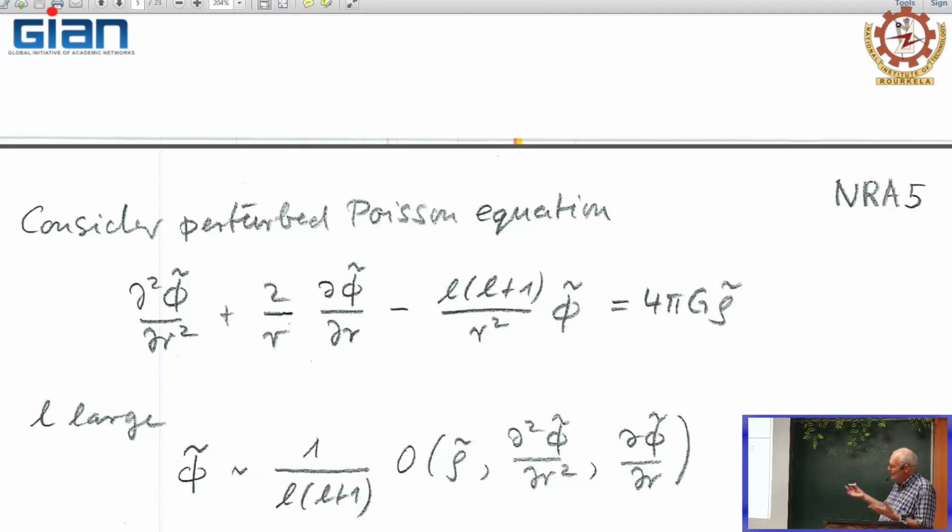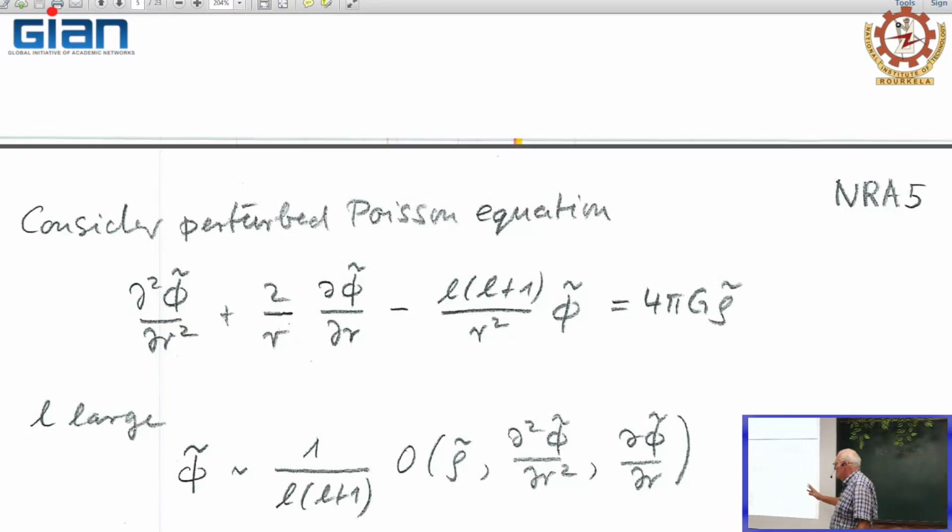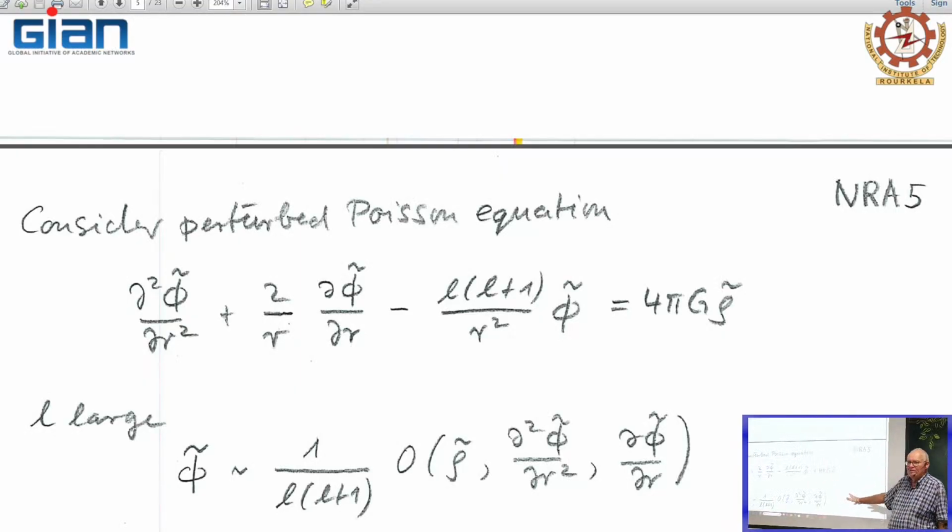So this estimate should give an argument for when we can neglect the Eulerian potential perturbation as compared, for instance, with a density perturbation. This will be true for high values of L. An intuitive argument is that if we have many nodes on our surface, then the potential, so to say, will average out the additional gravitational forces.